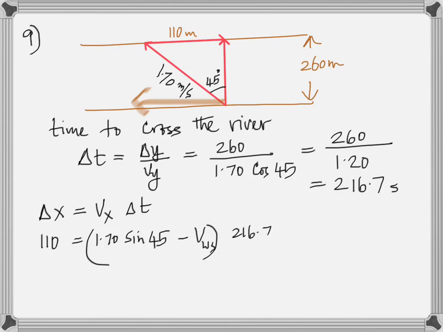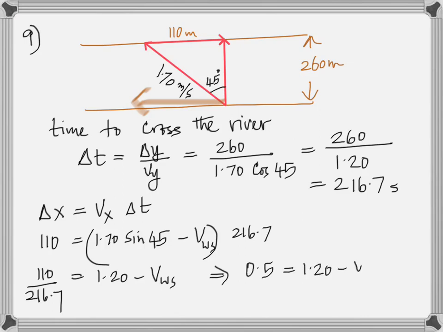And then take away the velocity of the water, and then multiply with the time. That's a simple calculation that will give us the velocity of the water with respect to the shore. And we get it as 0.7 meters per second.